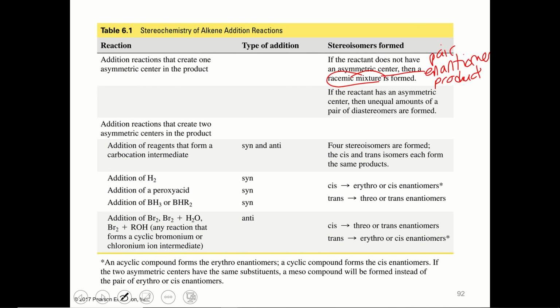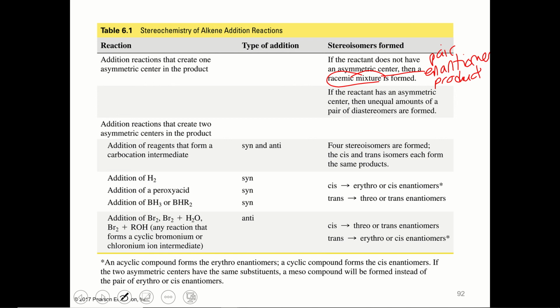For hydroboration, again, we have syn addition. So if you start with a cis double bond, you get cis enantiomers. If you start with a trans double bond, you get trans enantiomers. For a cyclic molecule.